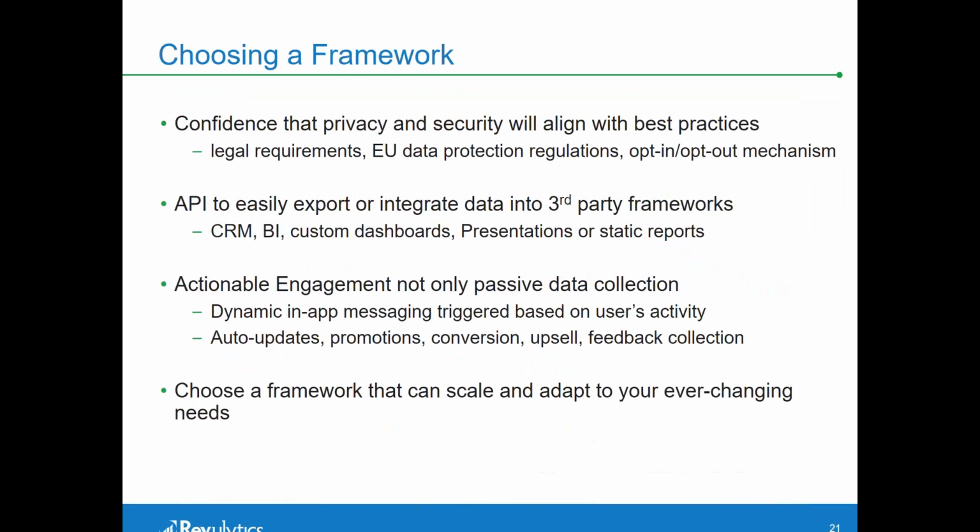And one of the ways of taking action is engaging with your users via in-app messages, etc. Having the ability to have this integrated allows you to take advantage of all the data you know about a customer to be able to send more context-based messaging. So, I can use this for auto updates, for promotions, for conversions, to upsell, to collect feedback from users. So make sure that you choose a framework that can scale and adapt to your ever-changing needs, okay?